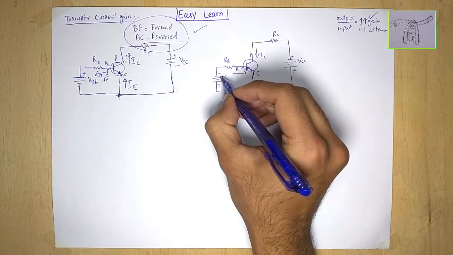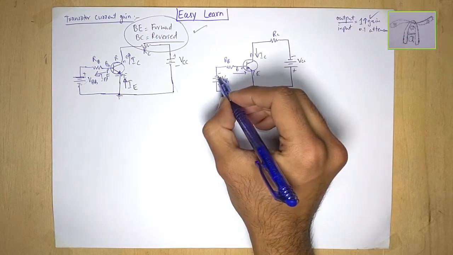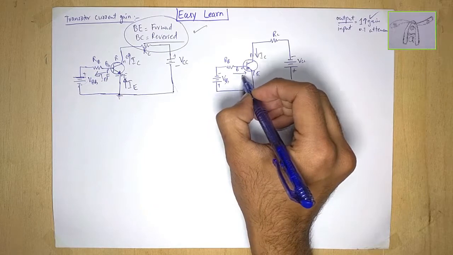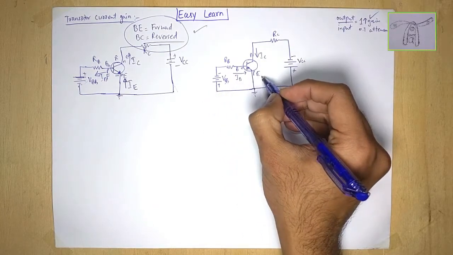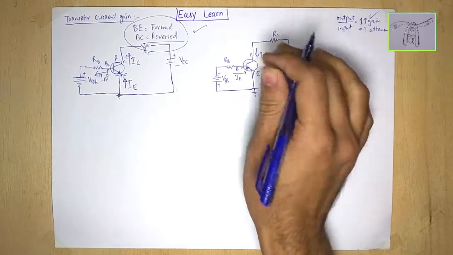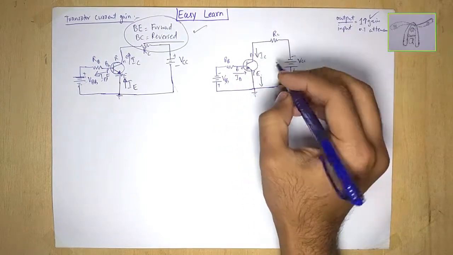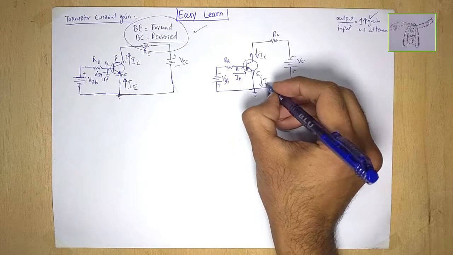Here the current is entering the base junction because this is negative and the potential is connected from the outside, so this is called IB, and here the current is leaving, and this is called IE.